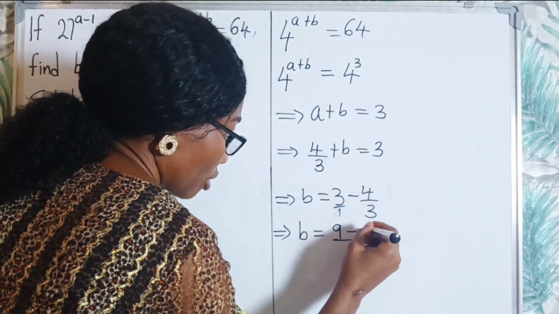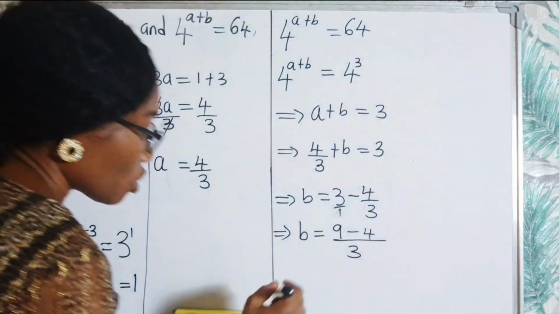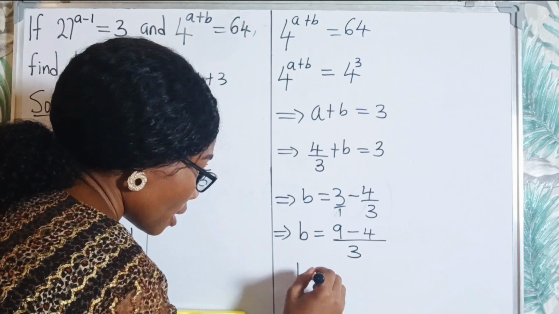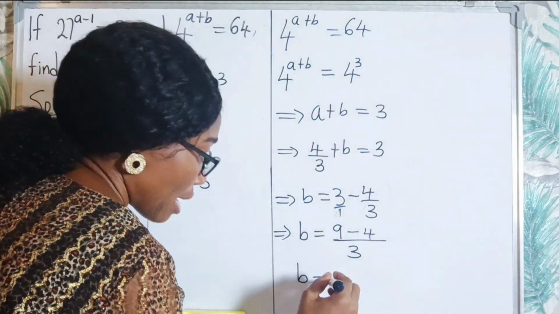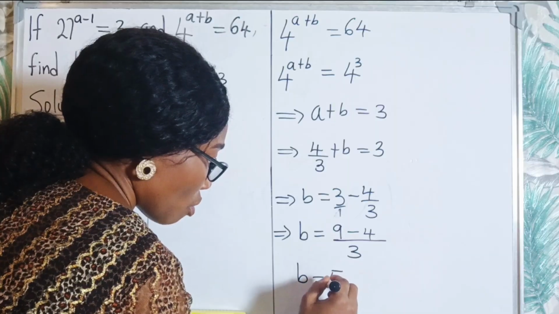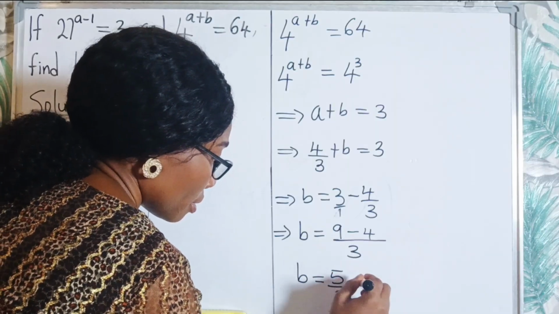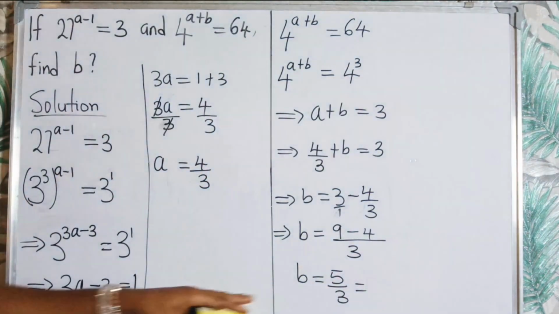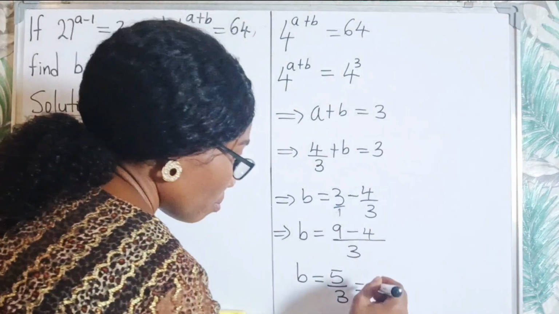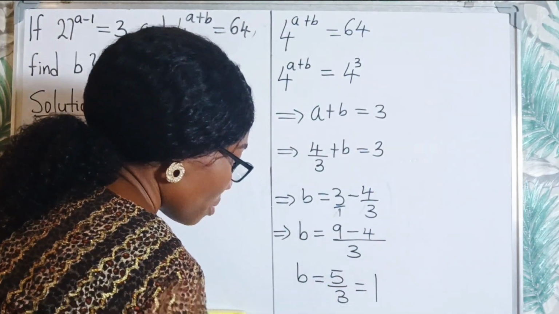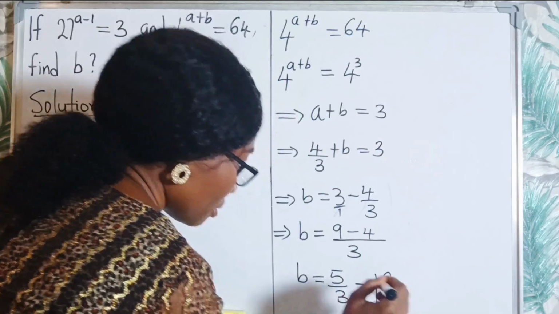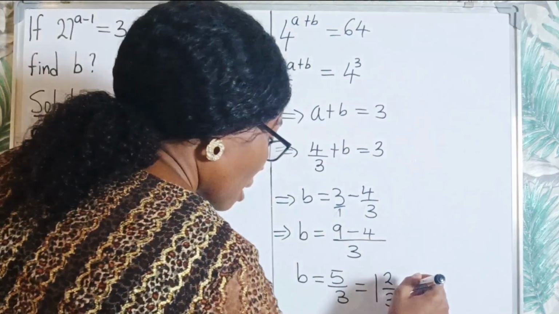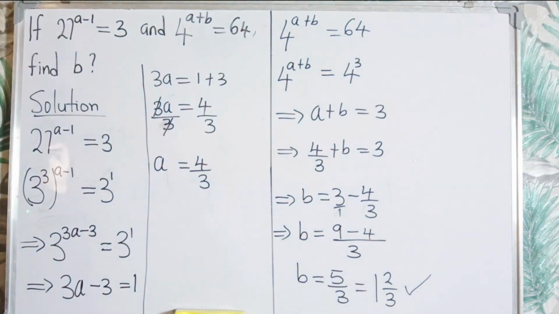In this case, minus 4. So here, b is equal to 9 minus 4 is 5, 5 over 3. We can write this in this form. This is going to be 1 whole number 2 over 3. And this is our value of b.